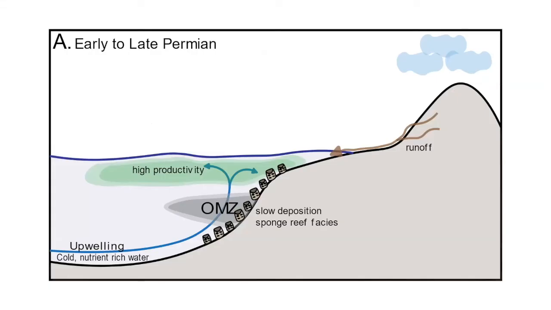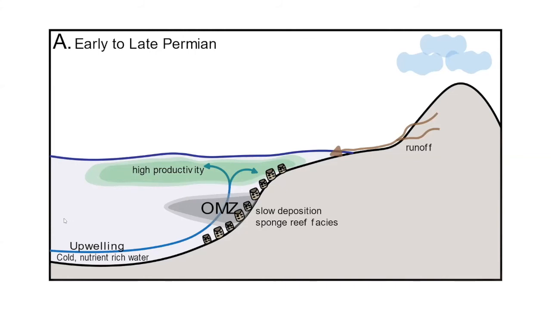Here we have a model similar to that of Schopfer, just with a little bit of tweaking, showing now, instead of the middle to late Permian, we're looking at the early to late Permian, so nearly the entire Permian in its entirety.